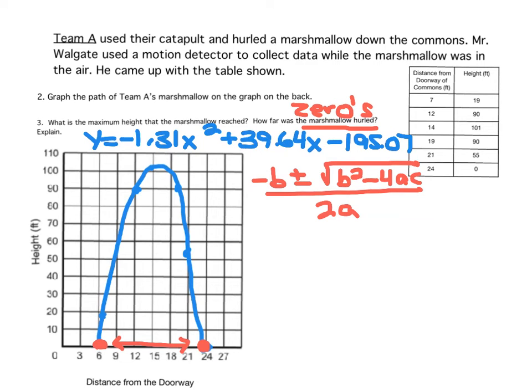So if we take a look at our first zero, we have the opposite of, let's go ahead and plug in the b value, so the opposite of 39.64.